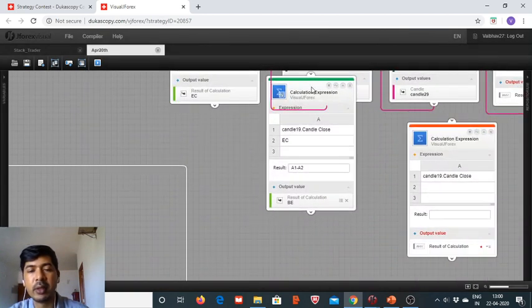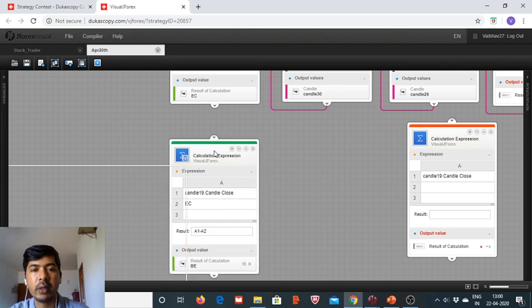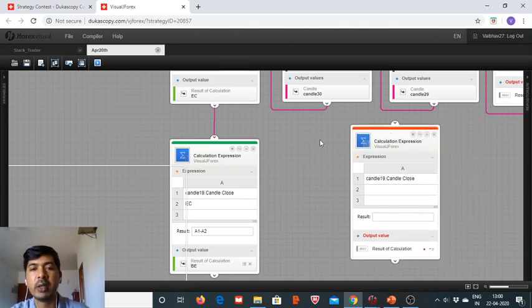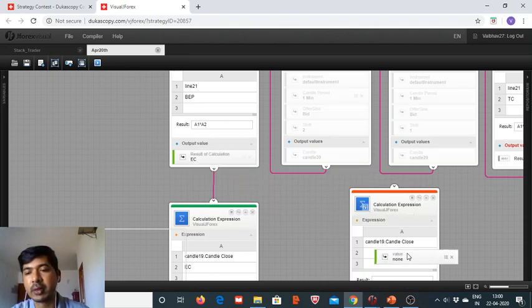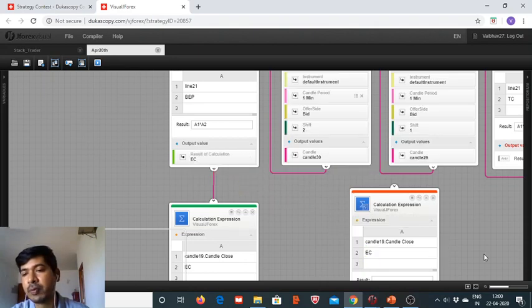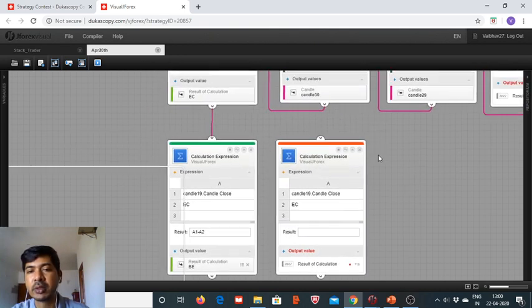Okay, so here we have done this calculation, and then for the sell side we will need to add these 30% of the ATR range.